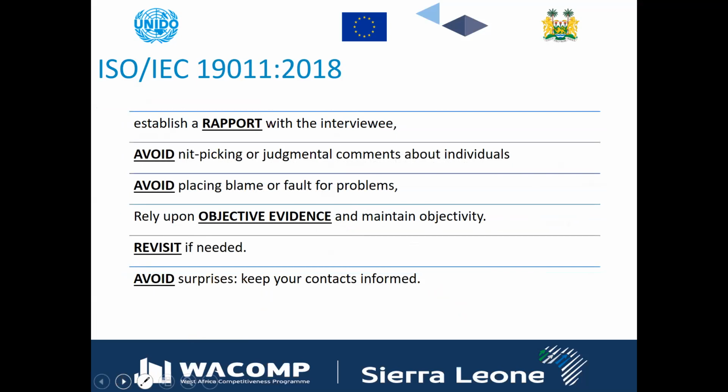Establish rapport with the interviewee. You have to develop a good relationship with the RDT. The RDT must feel comfortable, and normally this can happen if you start with very comfortable questions. Normally the auditee knows what the gaps are in their departments. So always start with the strengths of that department.